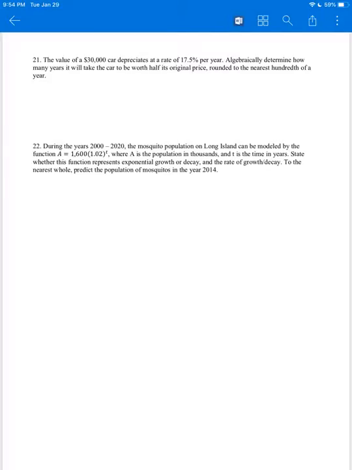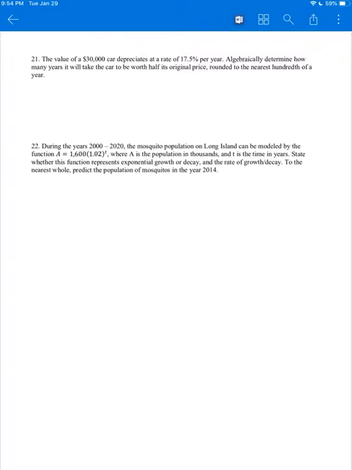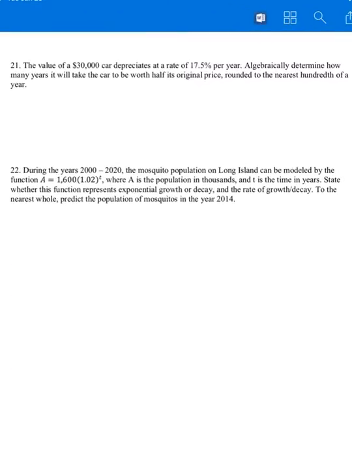Number 21, the value of a car depreciates at a rate that is not continuously, which means I'm going to use the exponential decay formula, 1 minus r raised to the power of t. We want to know how many years, so t, it will take for the car to be worth half its original price. It originally was worth $30,000, so now we want it to be worth $15,000.